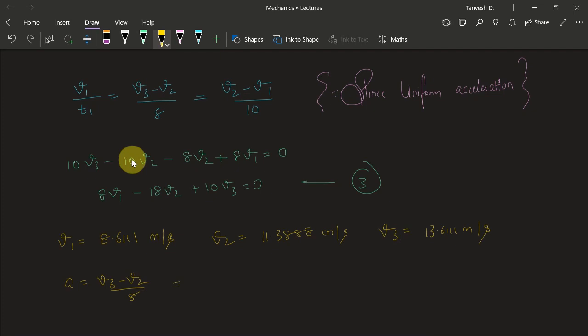So it is equal to 13.6111 minus 11.3888 upon 8, which is equal to 0.27778 as the acceleration, 0.2778 meters per second square. This is the acceleration of the car.